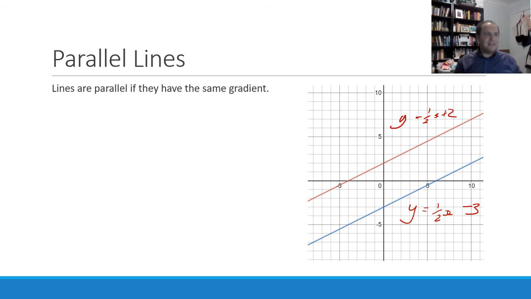Any time this top line, the red one, goes over 2 squares and goes up 1, the same thing happens with our blue line. It goes across 2 squares and up 1. It's increasing at the same rate, so those lines are never going to meet. So that's why we say that, graphically speaking, lines are parallel if they have the same gradient.